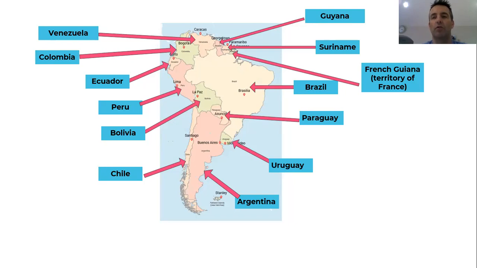Remember, that's a territory of France, not a country in itself. Brazil, our country that we're looking into. Paraguay, Uruguay, and Argentina.